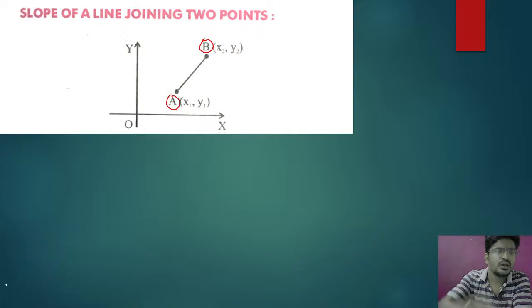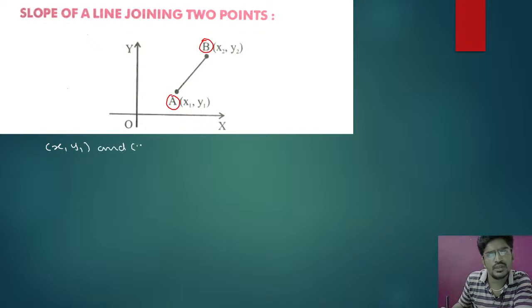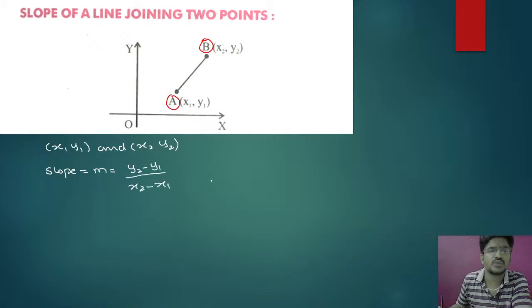You just recall when 2 points are given, that is x1, y1 and x2, y2, then slope m will be equal to y2 minus y1 divided by x2 minus x1.